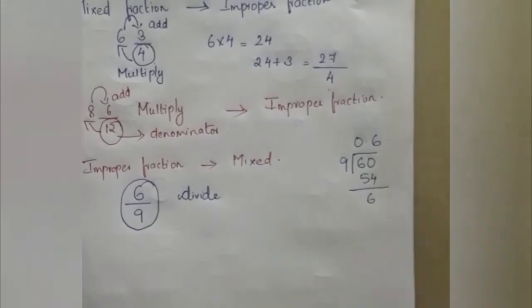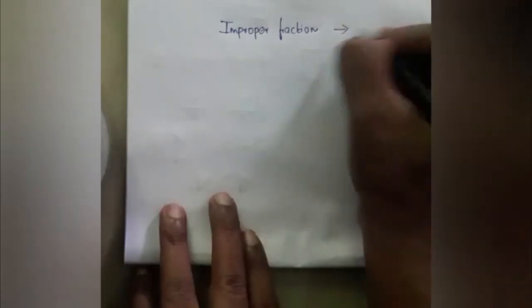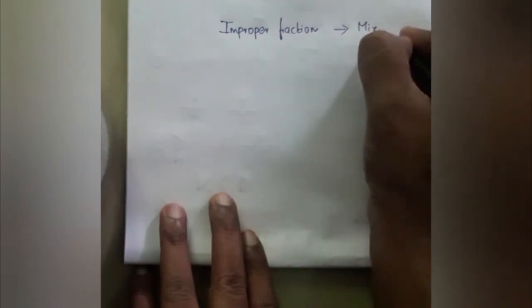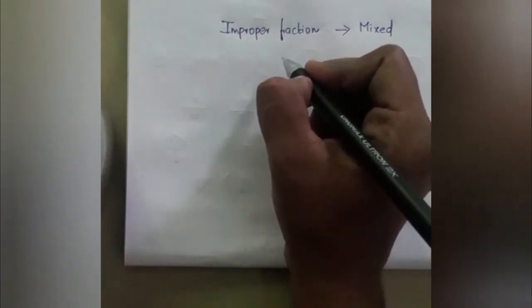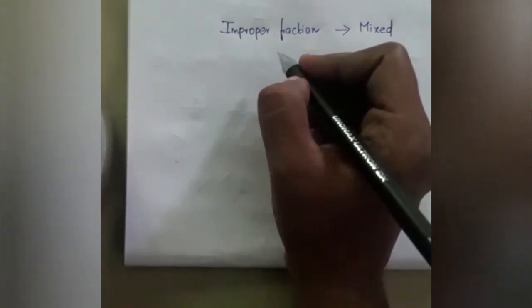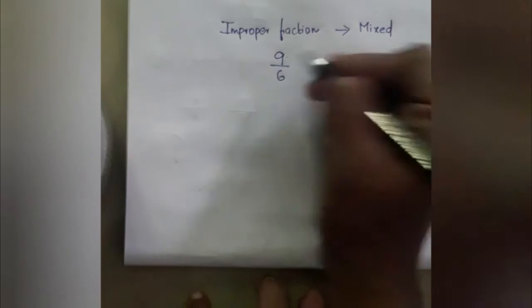So here, improper fraction to a mixed fraction. So in this section, what will you do? When an improper fraction is given for you, improper fraction means the numerator will be greater. That is 9 divided by 6. This is an improper fraction. Numerator is greater.